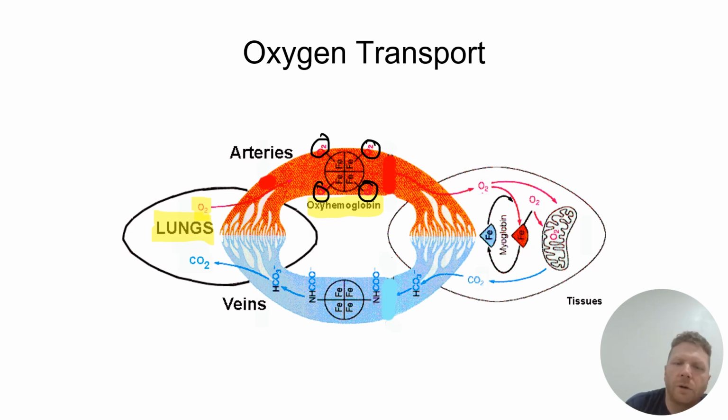Now that is going to go through the arteries, ultimately make it to some sort of peripheral tissue, and that oxygen bound to hemoglobin is going to be released. That oxygen is then going to bind to this protein known as myoglobin. Myoglobin is going to hold on to this oxygen, and then when the time is right, it will release that oxygen. That oxygen will go to the mitochondria, where we can undergo cellular respiration.